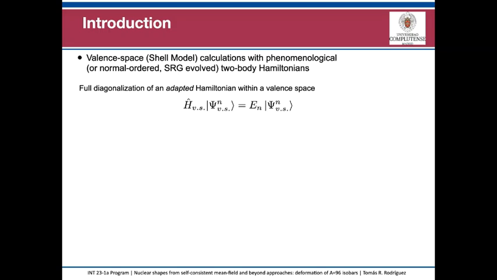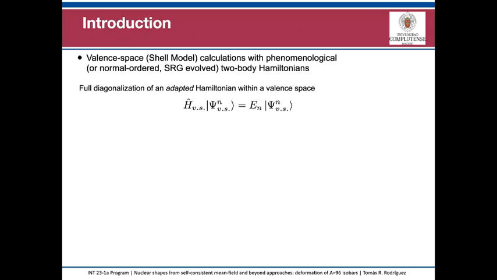So instead of having a system of A particles, we have a system of A minus A prime particles, where A prime is normally a magic nucleus or a double magic nucleus. And then the remaining system is what we call the valence space.